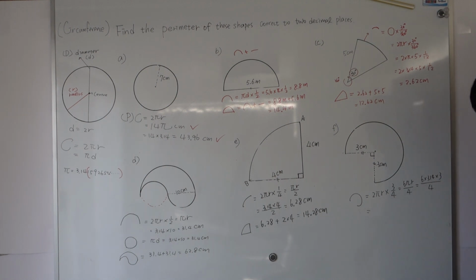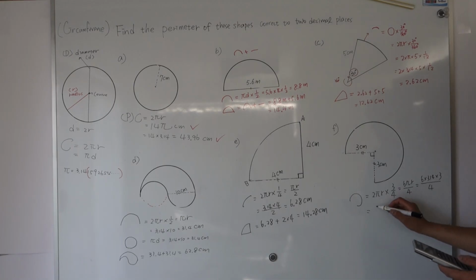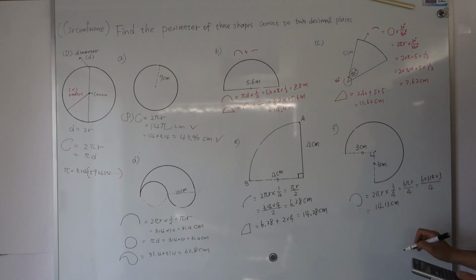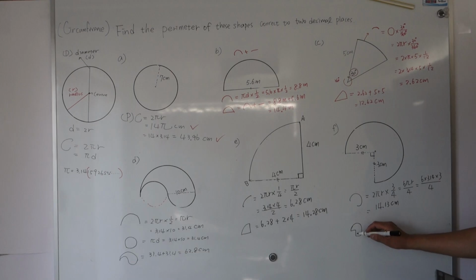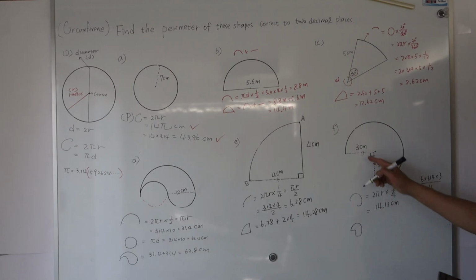So 3/4 of the circumference should be equal to 14.13 centimeter. Alright? Therefore, the perimeter is 3/4 of the circumference plus 2 radius.